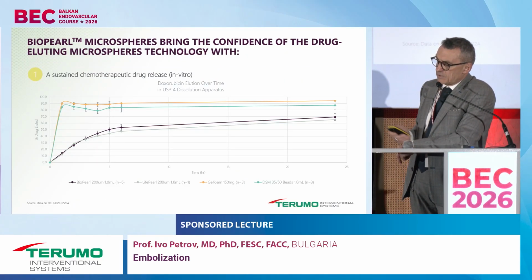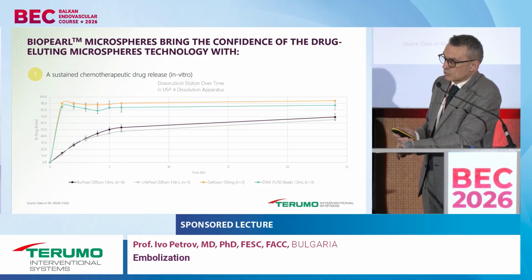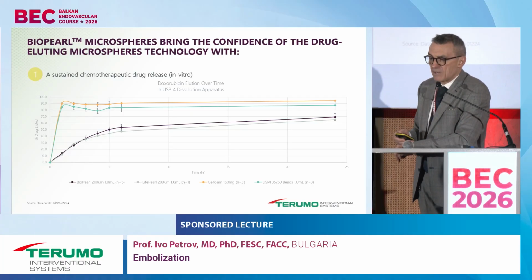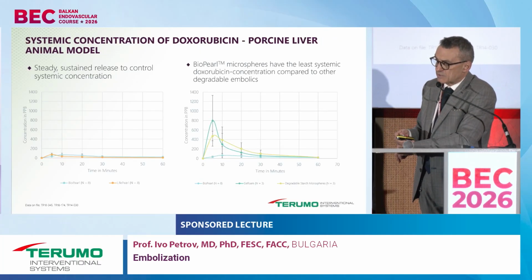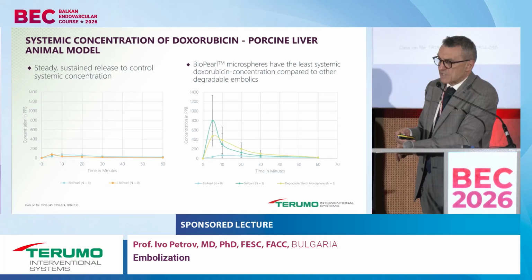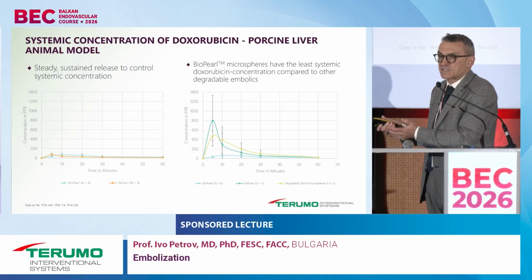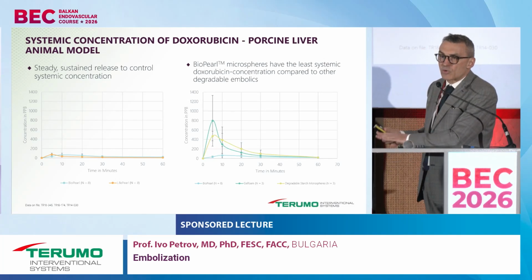And in this graphic it is very well shown how important the sustained chemotherapeutic drug release is, especially with this technology, and how low the systemic concentration of the drug is. We don't need the collateral effects of the cytostatic drug, and because of that, the systemic concentration has to be the lowest possible.